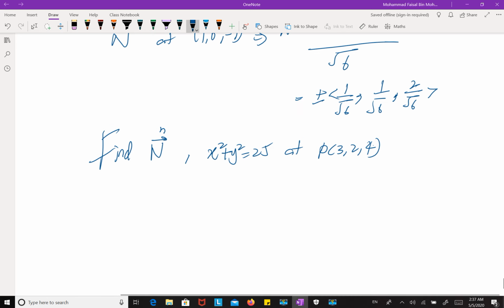So try to do this as your homework. You'll get plus minus (3 over square root 13, 2 over square root 13).